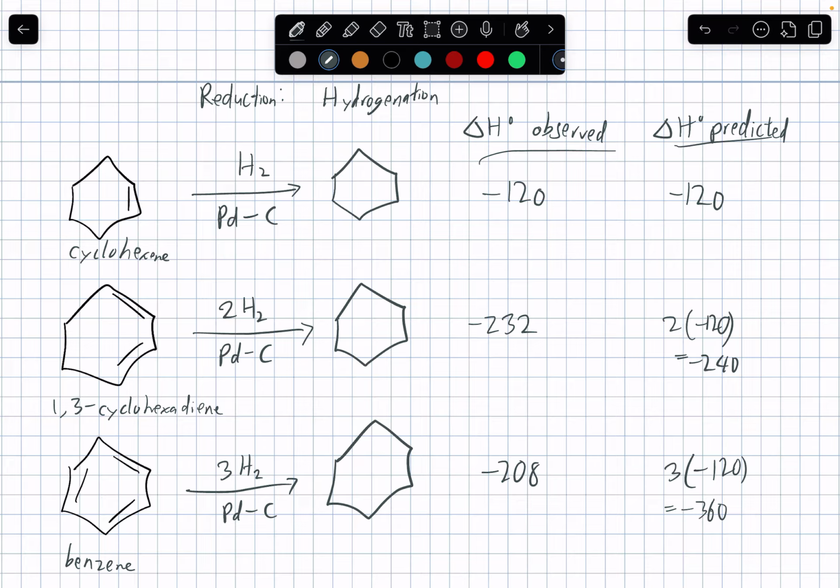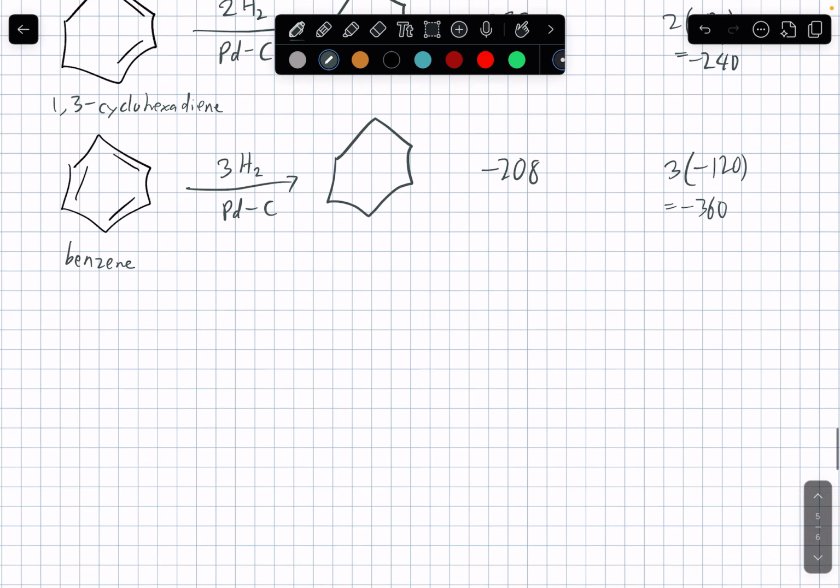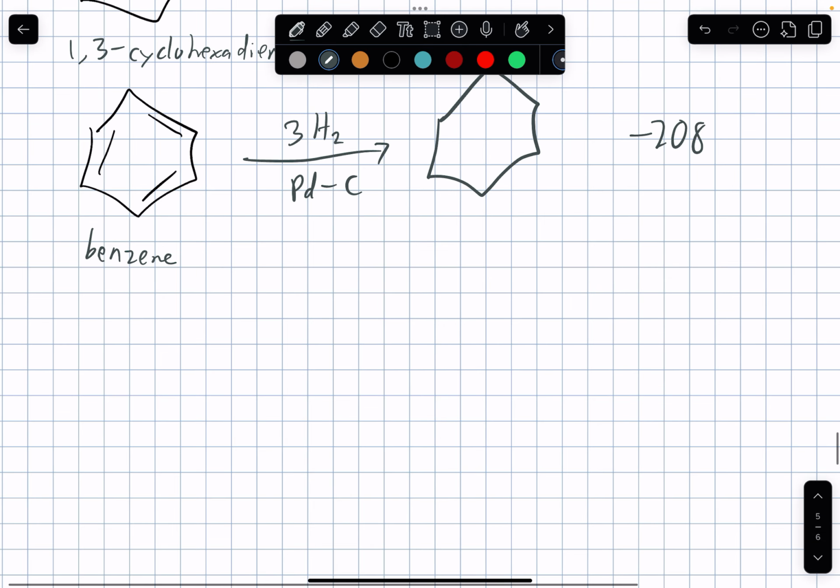So yeah, benzene is especially stable, even more so than conjugated polyenes. This unusual stability is very characteristic of aromatic compounds. So yeah, benzene is aromatic, no?